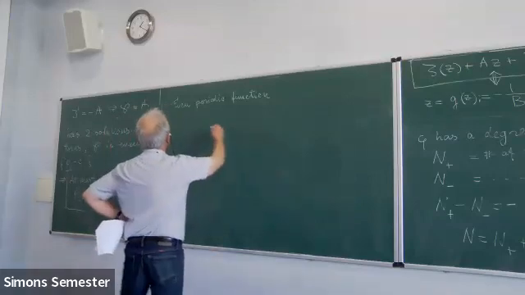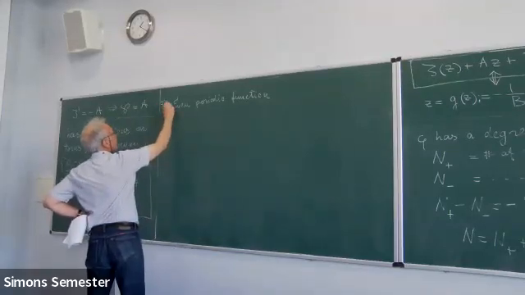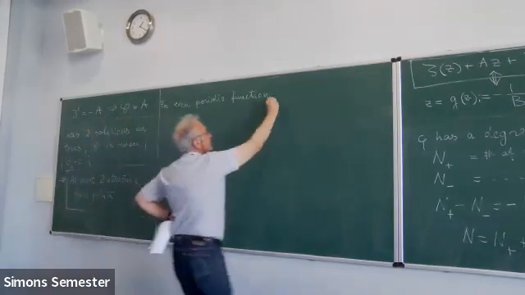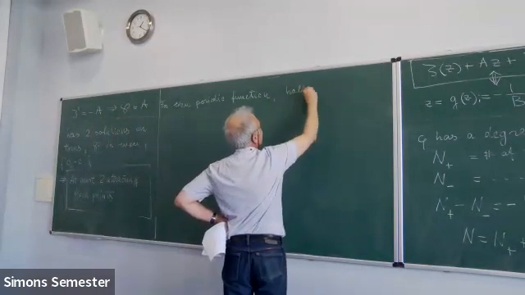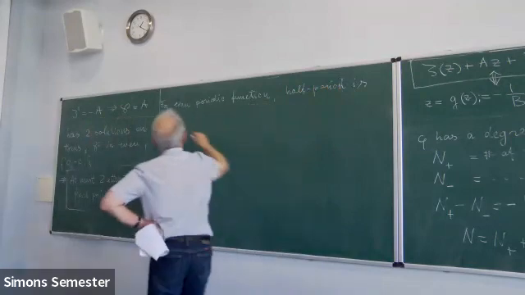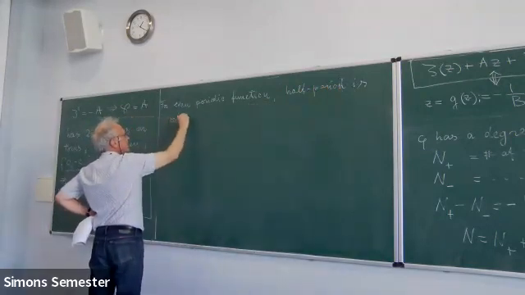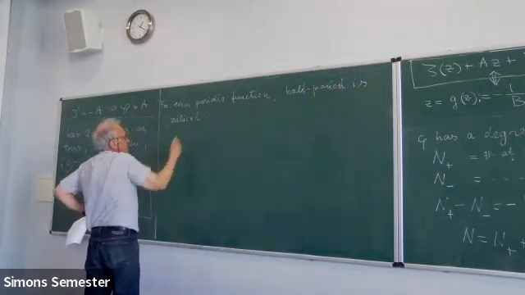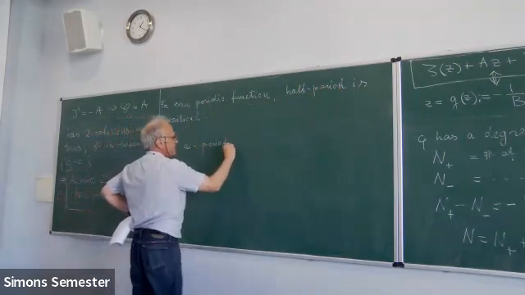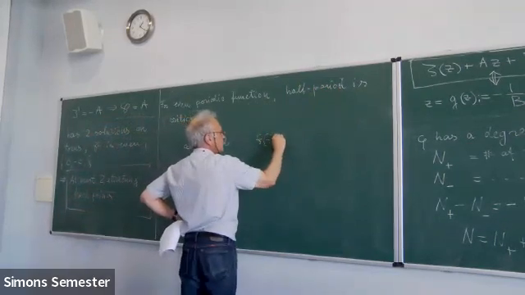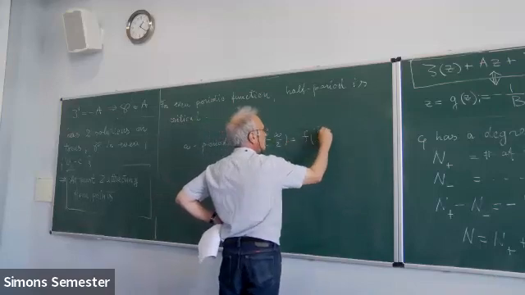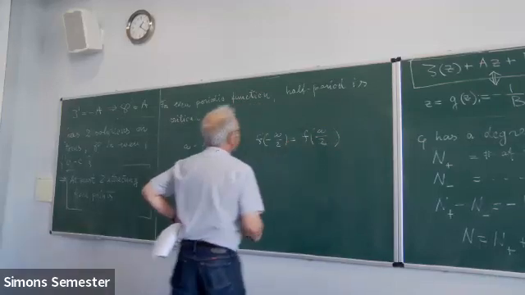For an even periodic function, well, if the period is omega, then f of minus omega over 2 equals f of omega over 2.